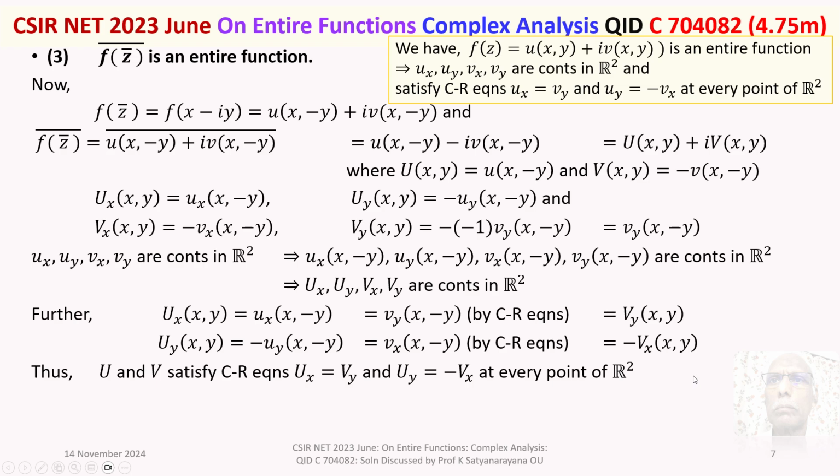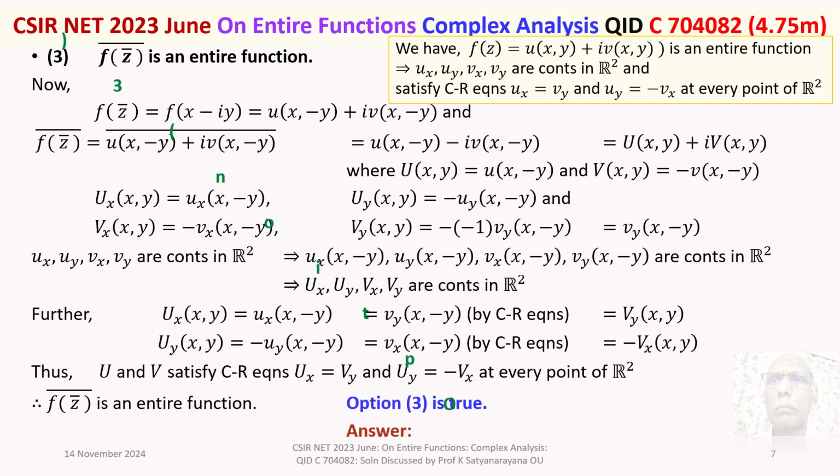Thus the conjugate of f of z bar is an entire function. Thus, option 3 is true. The answer to this question is option 3. That is the detailed discussion of the solution of this problem from the section complex analysis, which is related to the concepts of entire functions.